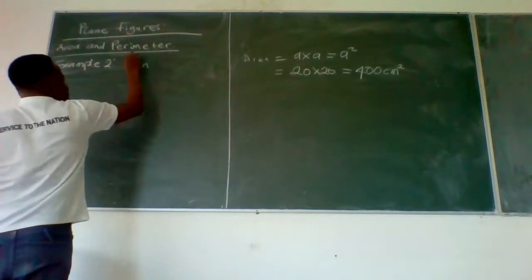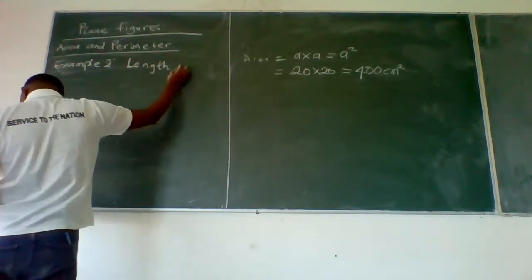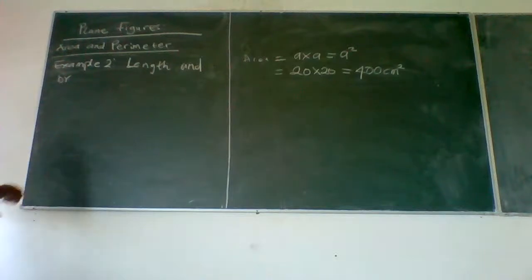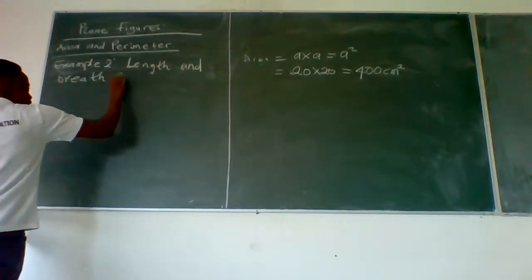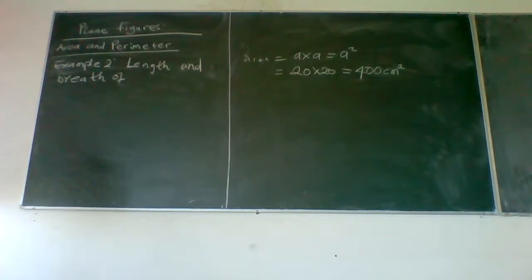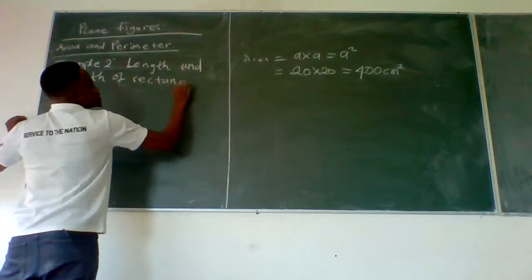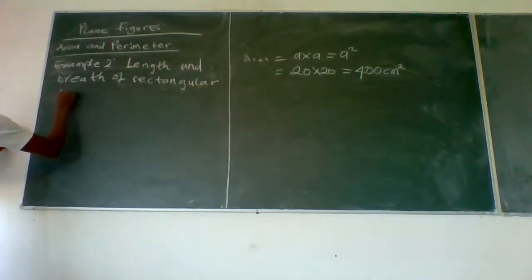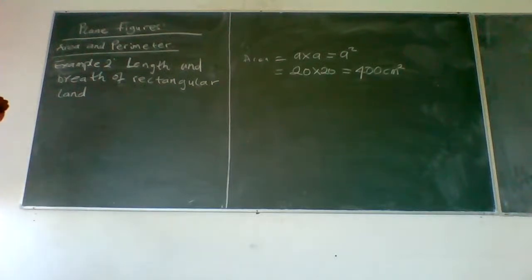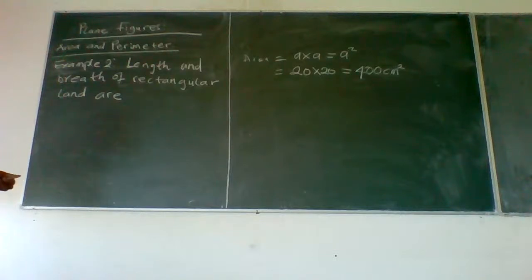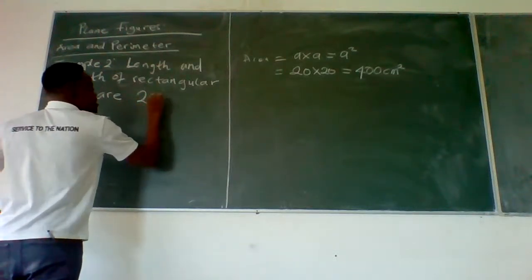So let's say the length and breadth, or width, of the field, which is a rectangular field or land. So these are the lengths.